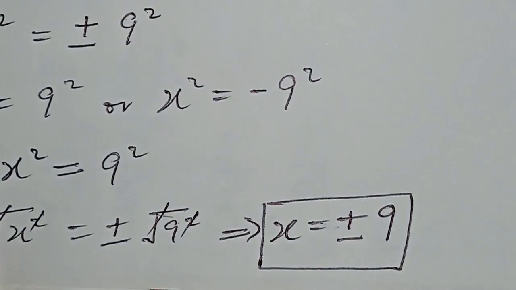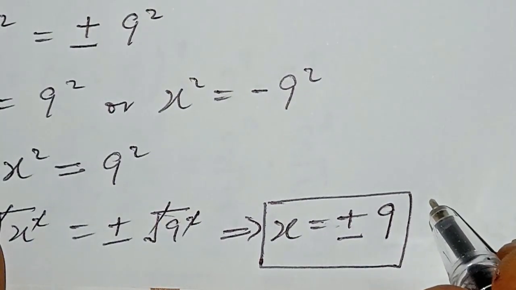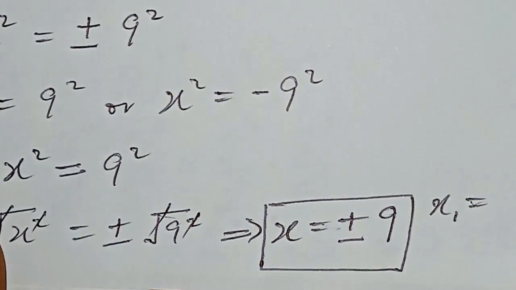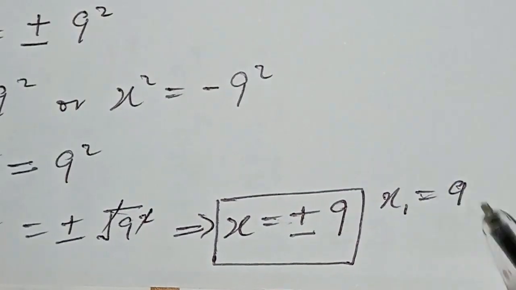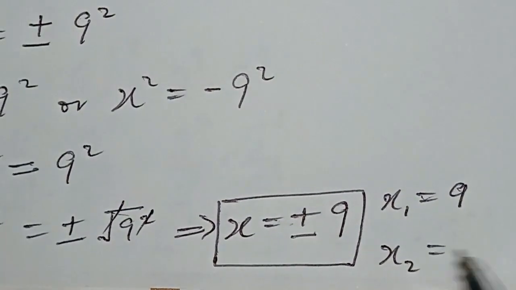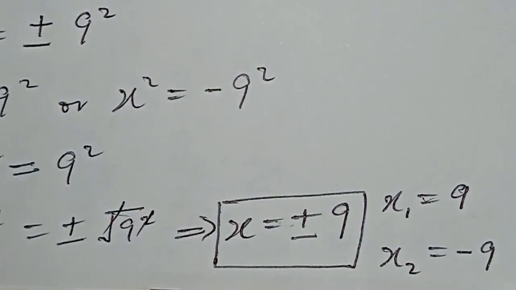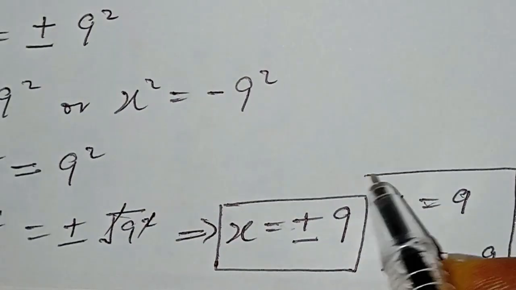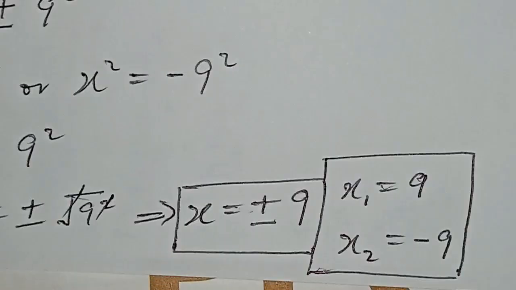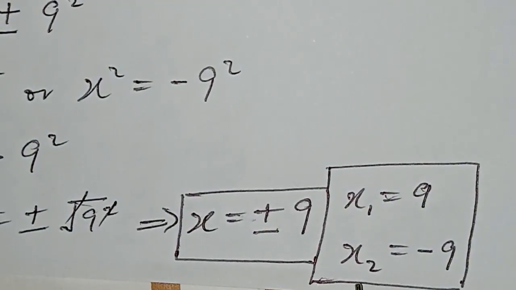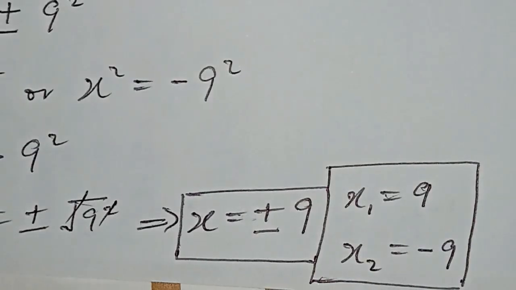It implies that x1 is equal to 9, then x2 is equal to minus 9. So this will be our value of x, which is x1 and x2.